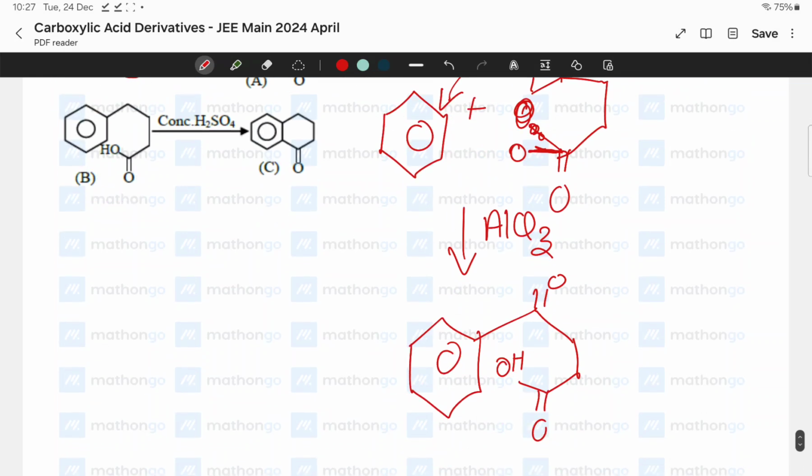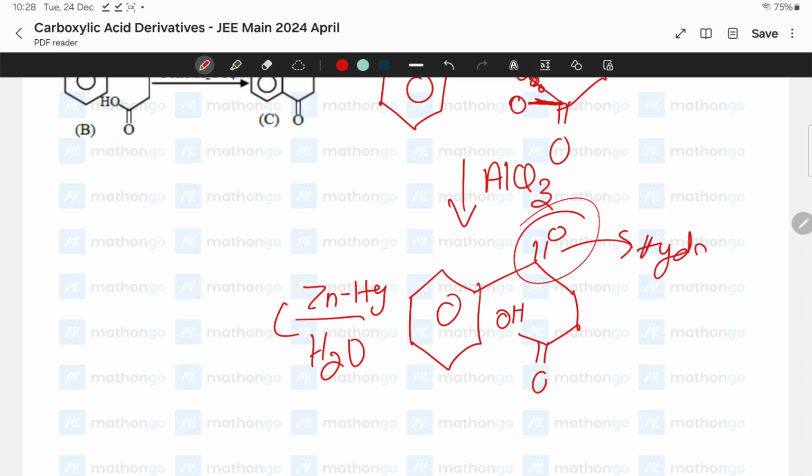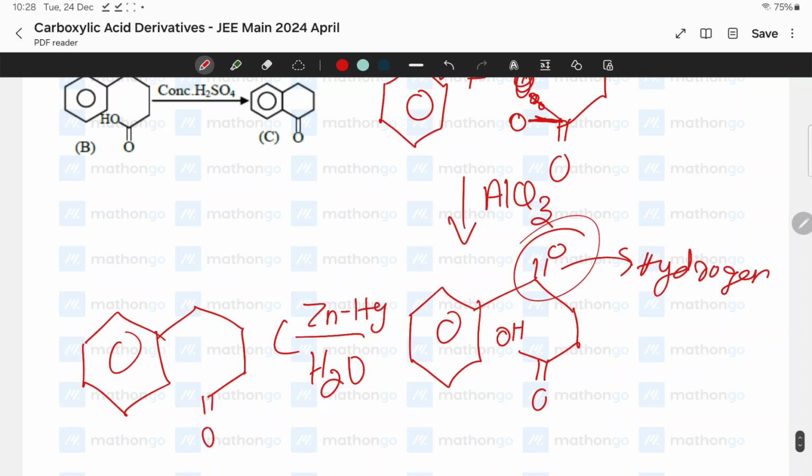Now into this we are adding Zn, Hg and H2O, and this is called what reduction? Clemmensen's reduction. So this thing will be changed to hydrocarbon. So we get this as our product. Correct.